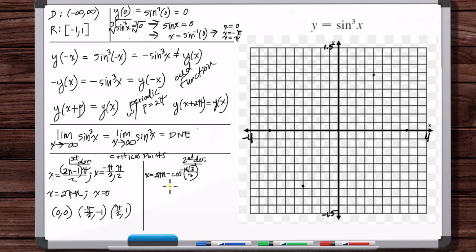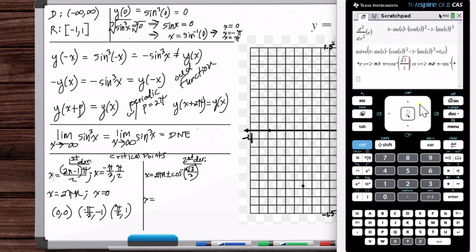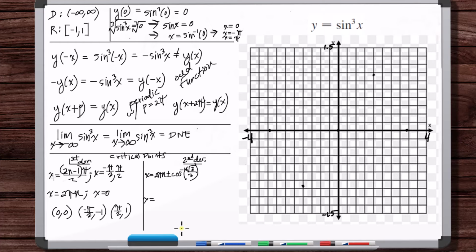And actually what I'll do is write plus or minus. Then we've got x is equal to, let me bring this further down, x is equal to 2n pi minus inverse sine root 3 over 3 minus pi over 2.